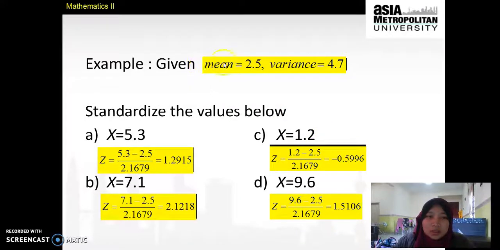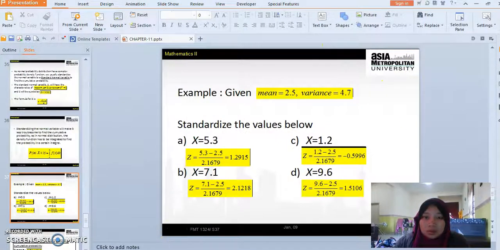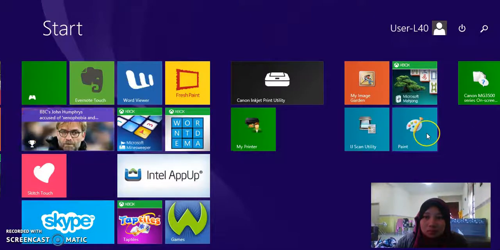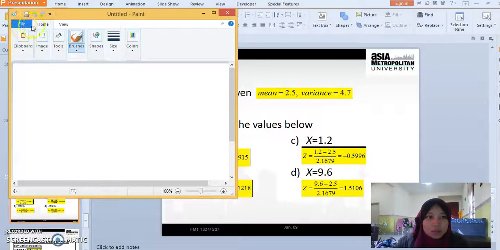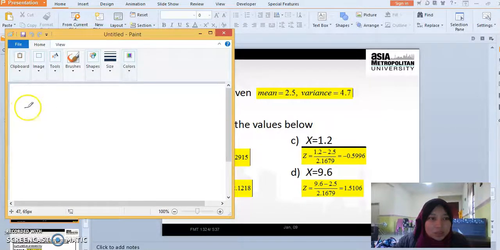For example, if you are given the mean of 2.5 and the variance of 4.7, the formula for z is z equals x minus mu over standard deviation.